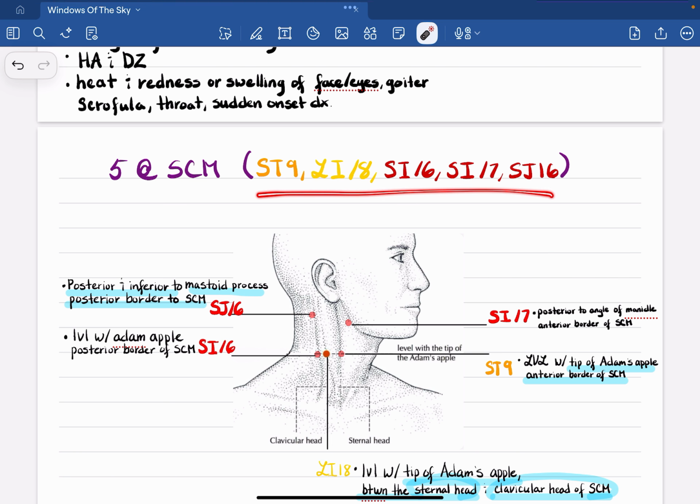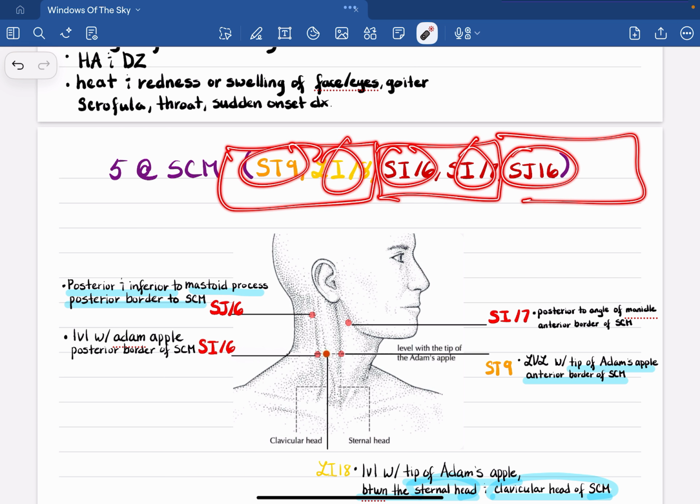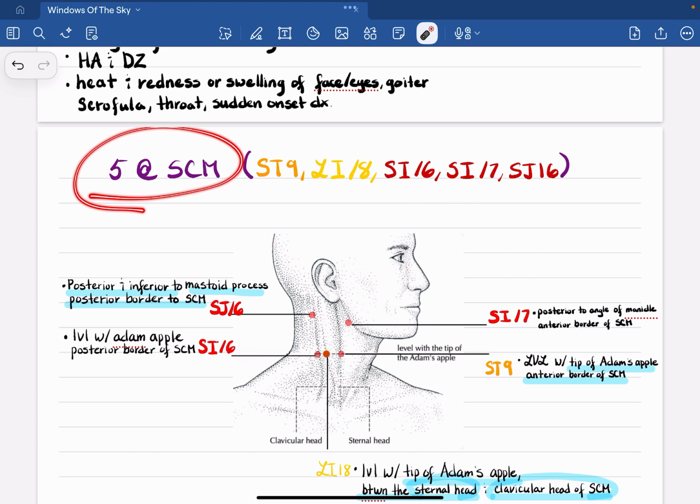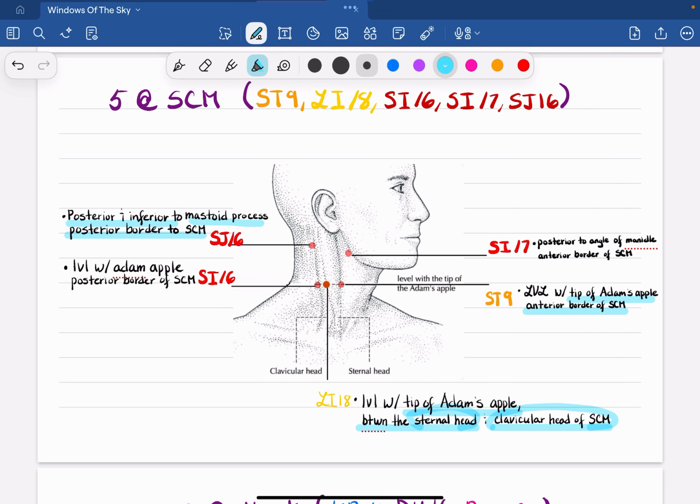I wanted you to memorize them in the order that we learned the channels, so you remember it in your head too, maybe. In the first 4 quadrants there were only 2, and in the second quadrant there were just 2, the last quadrant there was only 1, but there are 5 at the SCM for the windows of the sky points. I wanted you to have that repertory in your head, but I made a little mistake.